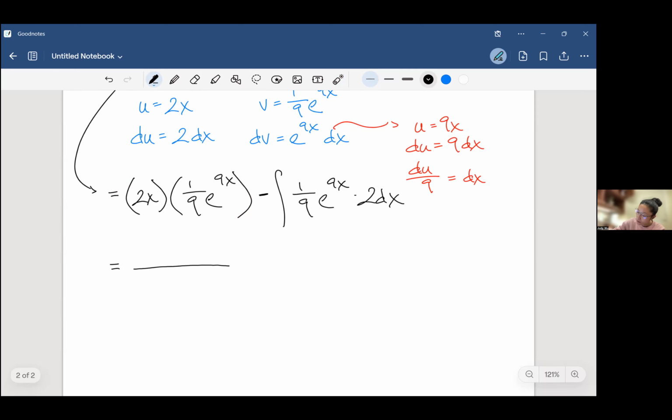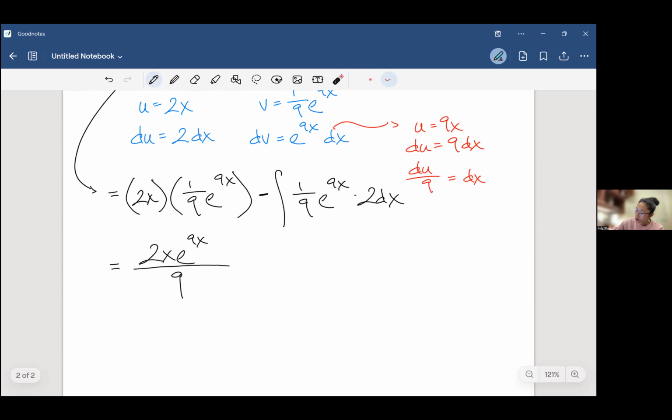In my denominator, I very clearly have a 9, and that's going to be the only thing in our denominator. Everything else, 2x and e to the 9x, are all over 1, so they're in the numerator: 2x e to the 9x.